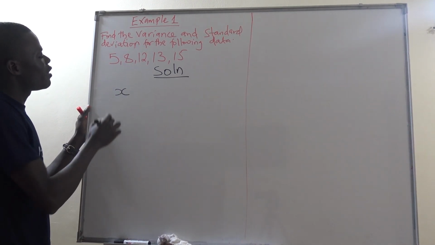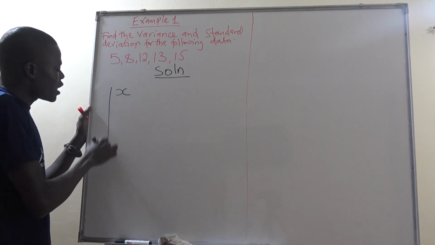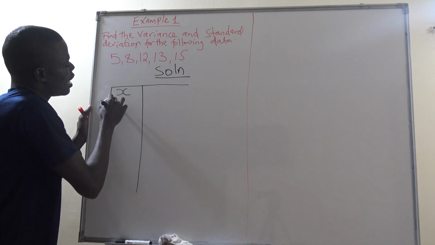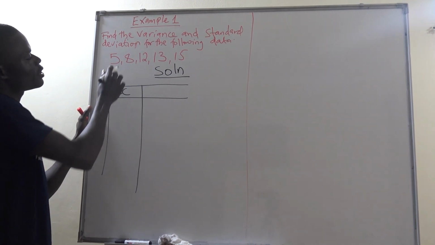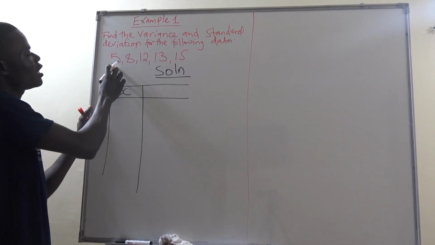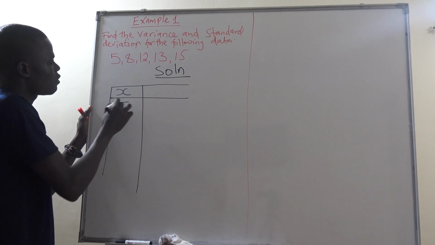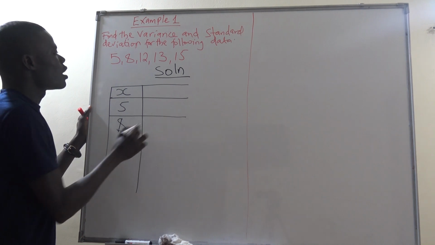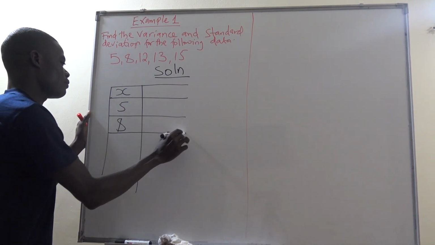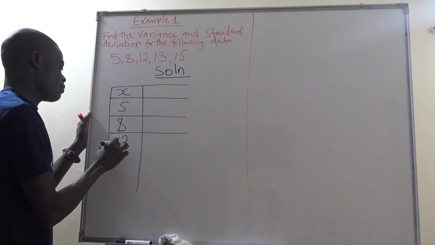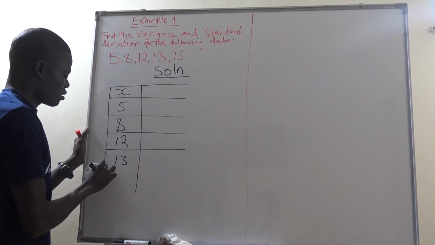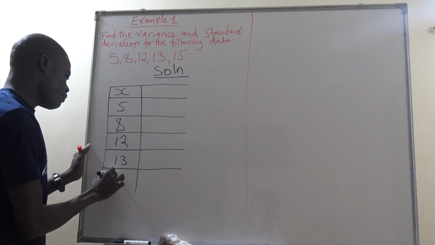In this case, we shall call it variable x, and under variable x we have the data which is given: 5, 8, 12, 13, 15.